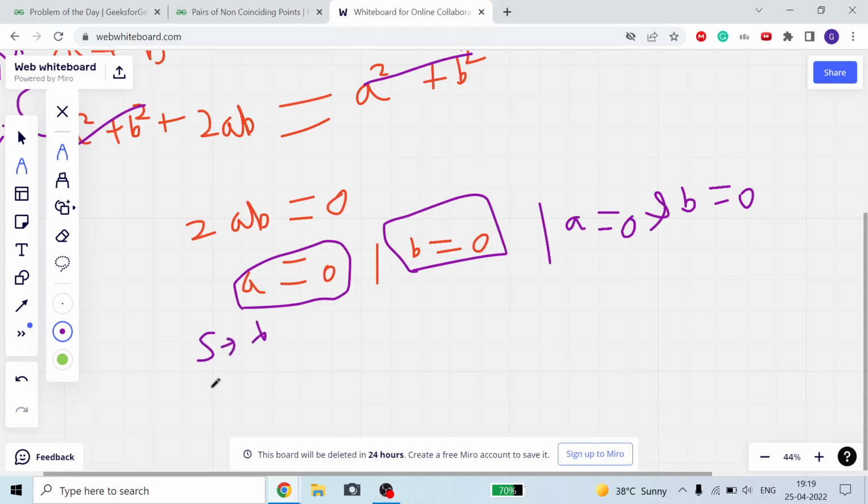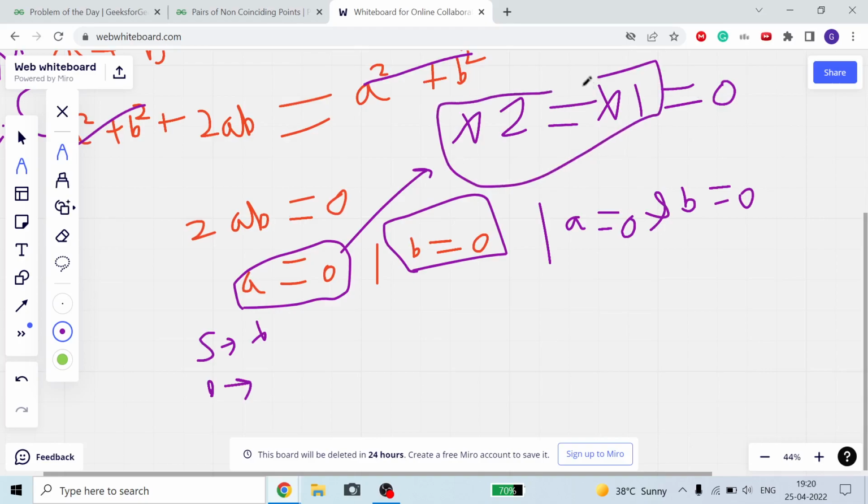S means same, D means different. So my x coordinate is the same, and that's why a is 0. What does a equal to 0 mean? It means x2 minus x1 is equal to 0, so x2 is equal to x1. So my x coordinates are the same and my y coordinates are different.